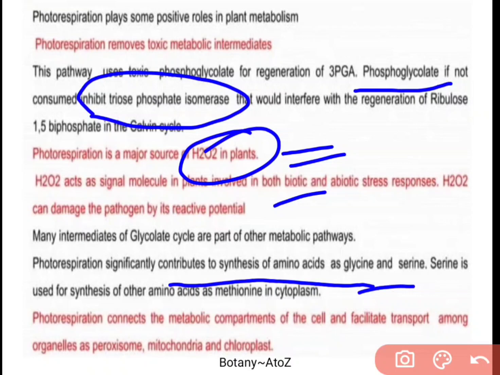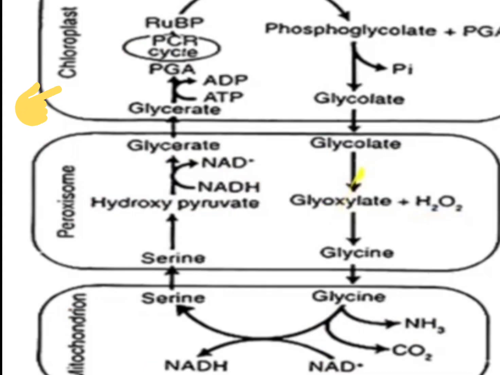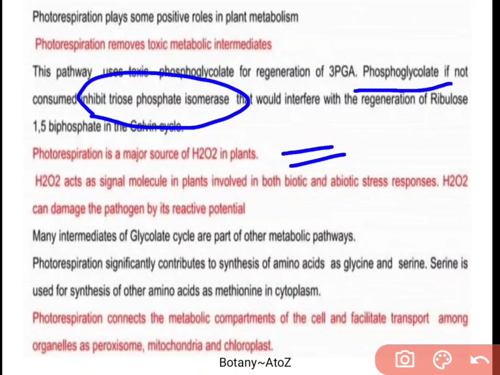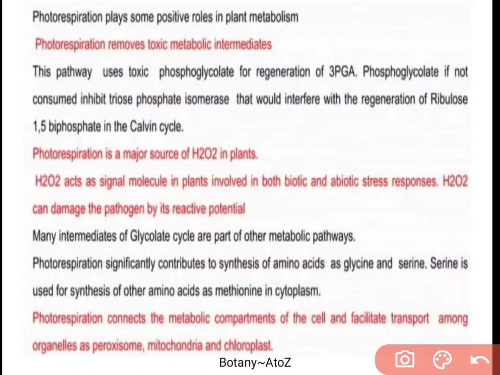Moreover, photorespiration connects the metabolic components of the cell and facilitates transport among organelles such as chloroplast, peroxisome, and mitochondria. So in all, there are demerits of the process, but there are also many useful plus points.